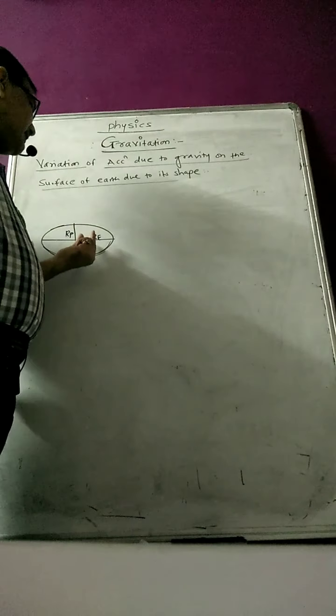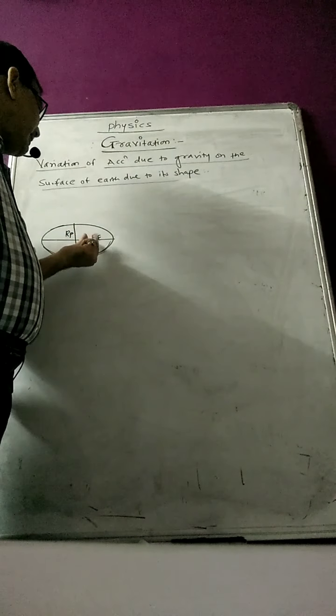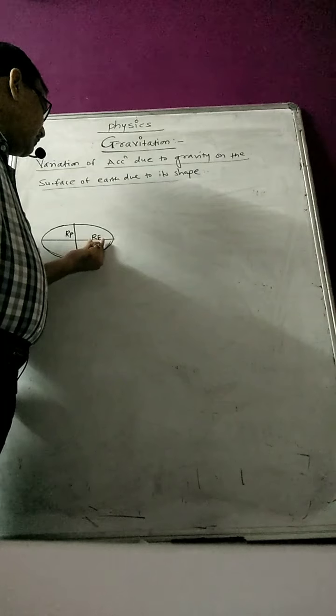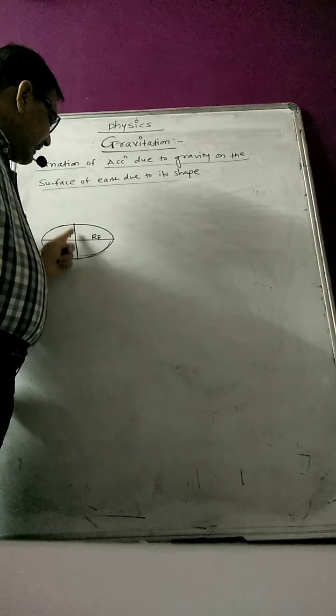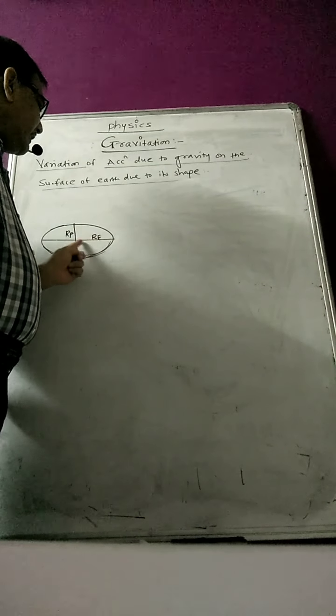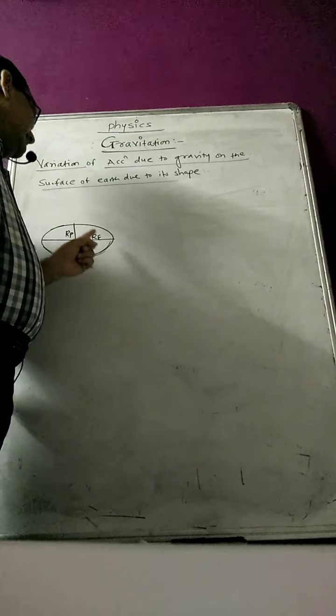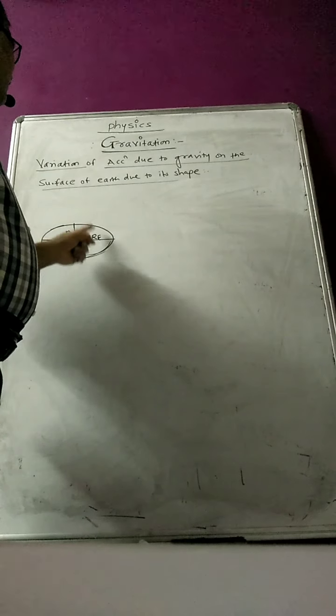So how much is RE greater than RP? RE is 21 kilometers greater than RP. That means the polar radius is smaller as compared to the equatorial radius. That is the shape.